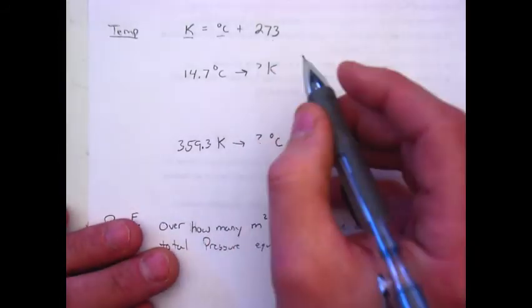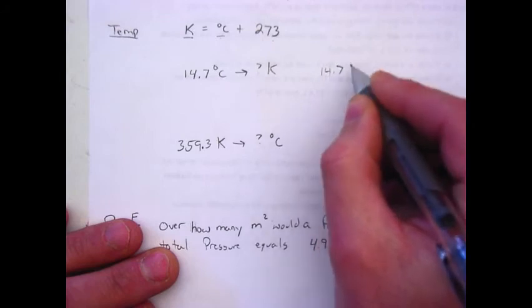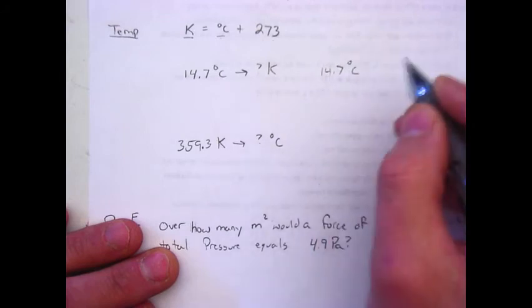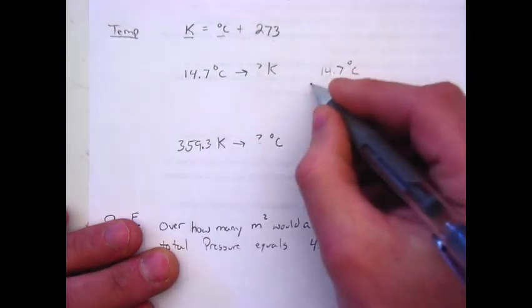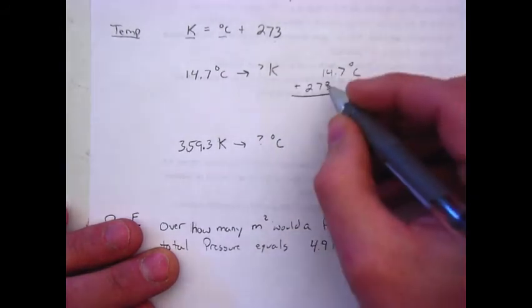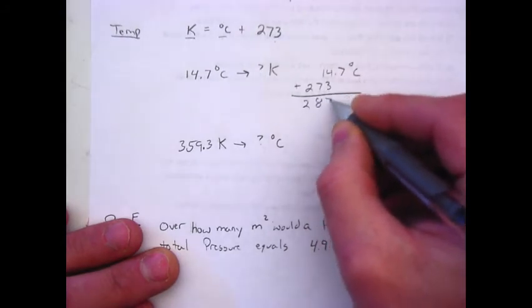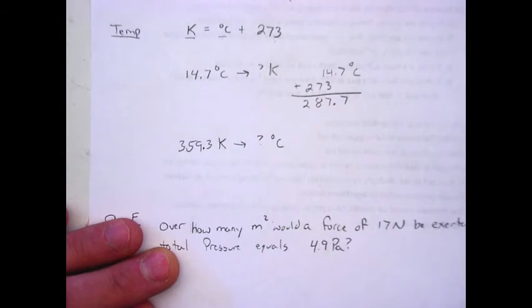So here we have 14.7 degrees Celsius, and we add 273, and we get 287.7.